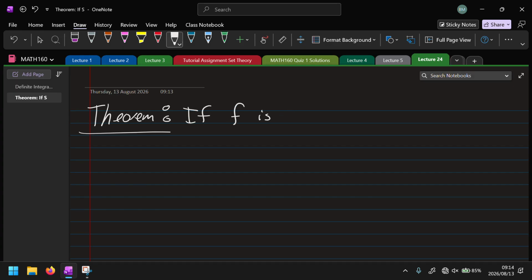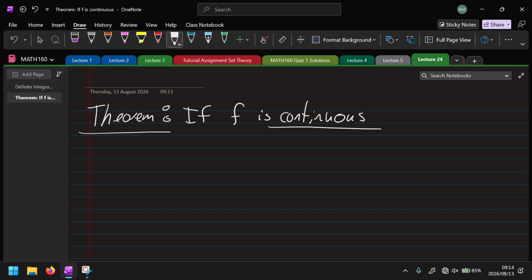If f is continuous, right? And again, remember what I said earlier about definitions. Here, I just write the word continuous. But remember, in the lectures, I think I spent 2 hours going over continuity. It was a whole week, limits and continuity. So behind this word is a lot of work that you need to remember. Okay.